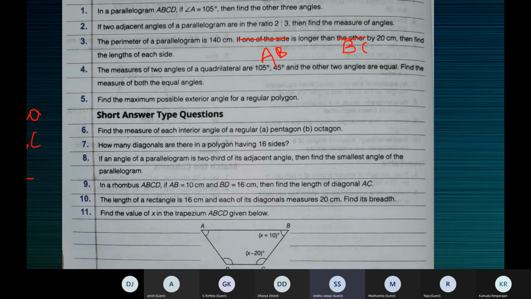Yeah, what are your steps? What's the formula? N into N minus 3 by 2 is the formula for finding diagonals, ma'am.